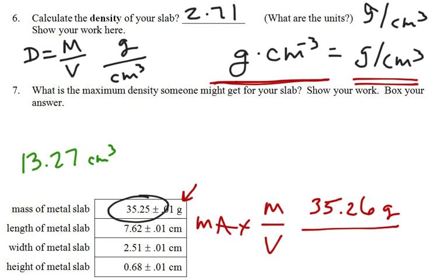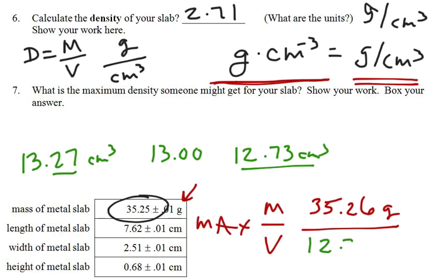And our average would be 13.00. If that can be up by 0.27, then our minimum would be down by 0.27, so we're going to call that 12.73 cubic centimeters. That would be my minimum, and I'm going to use that in my denominator. I hope this makes sense.